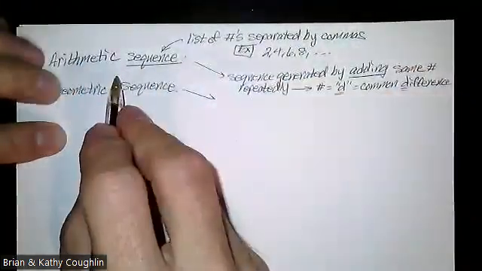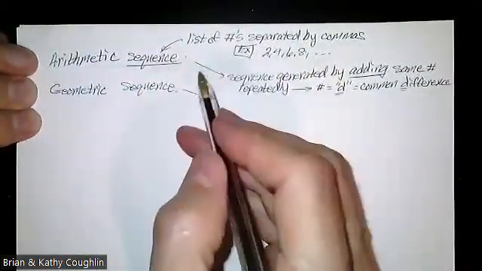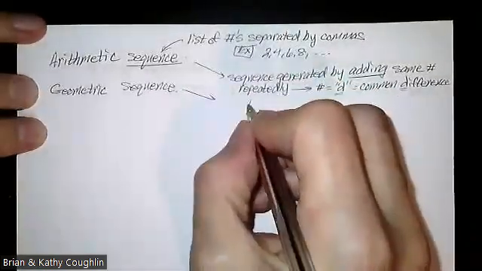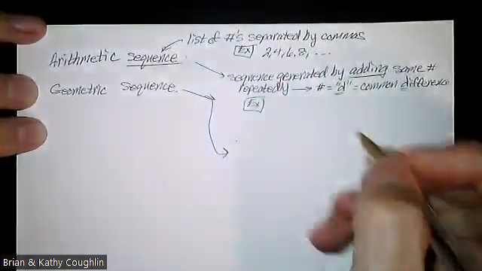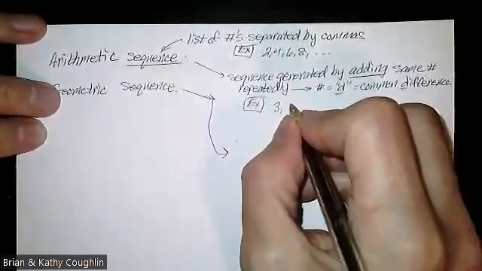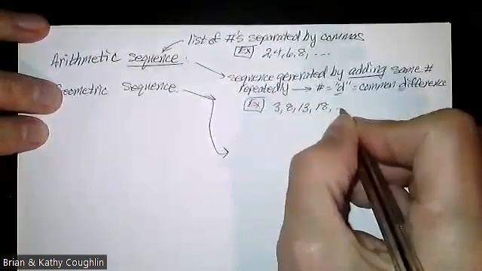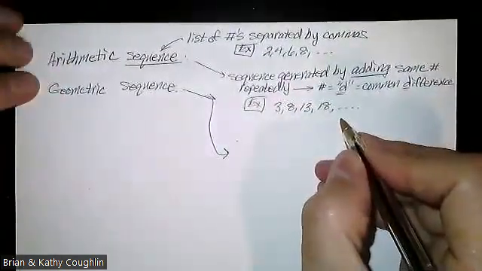So if somebody says this is an arithmetic sequence, my response is, okay, prove it. Give me the value of D. Here's another quick example: 3, 8, 13, 18, and so on. Is this an arithmetic sequence?